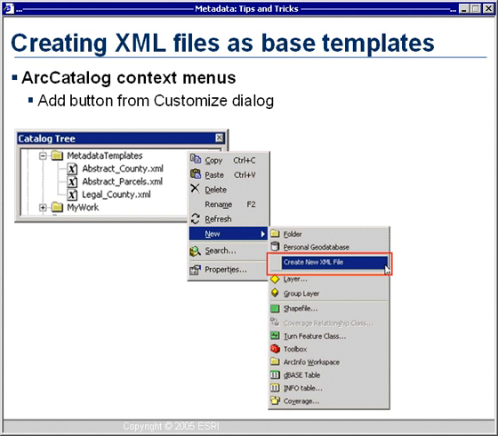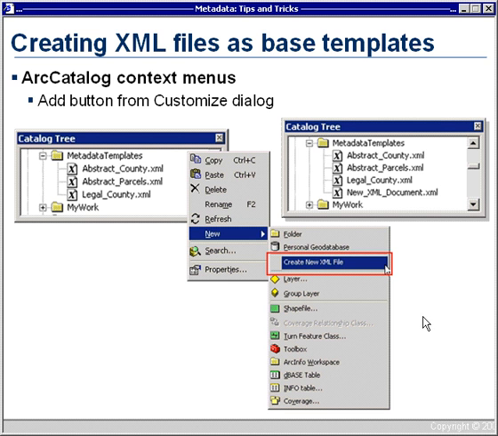It's possible to do that. You can add the functionality to ArcCatalog and then add the button to the context menu. Then with each click of the button, you can add a new XML document so that it shows up in the catalog tree, and once you've done that, you can give the document a meaningful name, and then you can use one of the metadata editors to input your metadata, just as I showed in the demonstration.